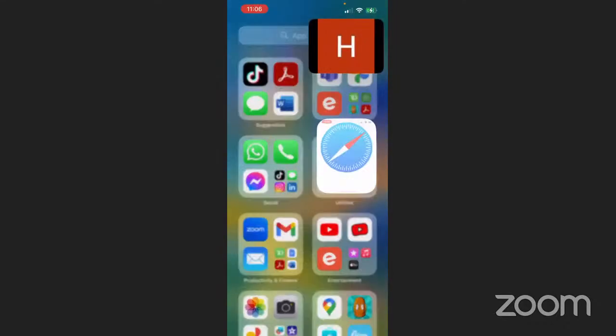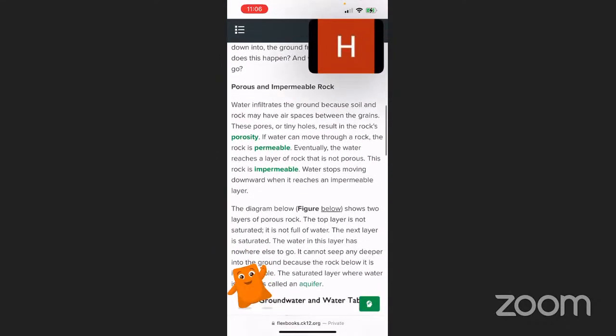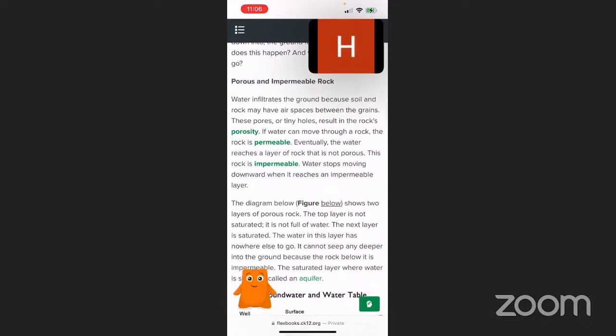Okay. So porous and impermeable rock. Water infiltrates the ground because soil and rock may have air spaces between the grains. These pores or tiny holes result in the rock's porosity. If water can move through a rock, the rock is permeable. Eventually, the water reaches a layer of rock that is not porous. This rock is impermeable.